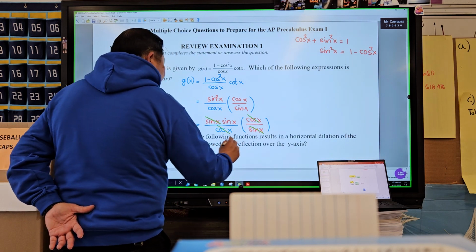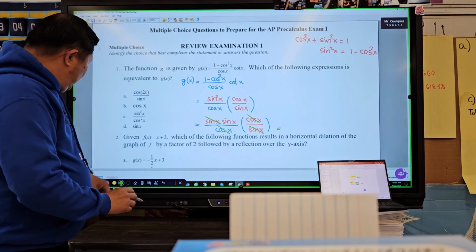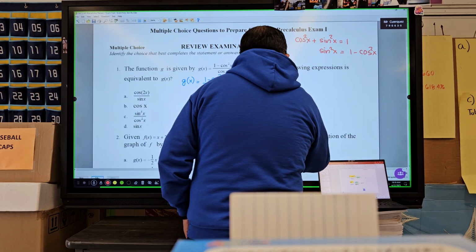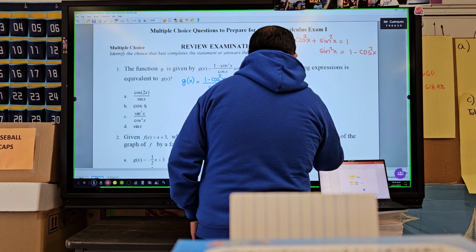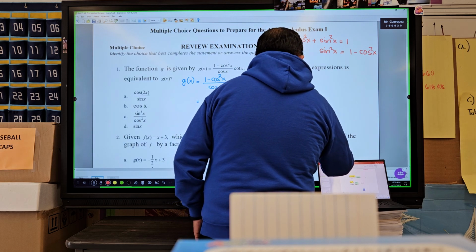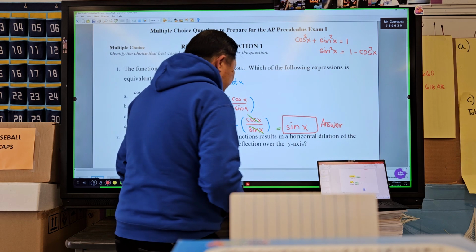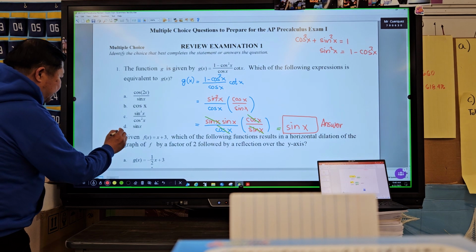So what is left now is just the sine x. Okay, so it's gonna be sine x, and this is our final answer. So what letter is sine x? It's gonna be letter D. Okay, letter D.